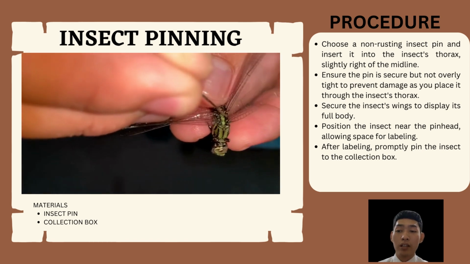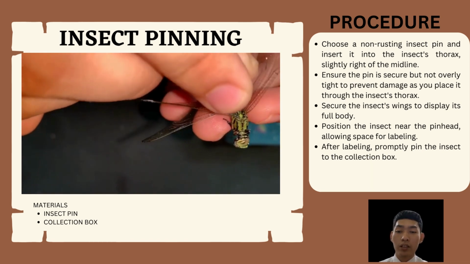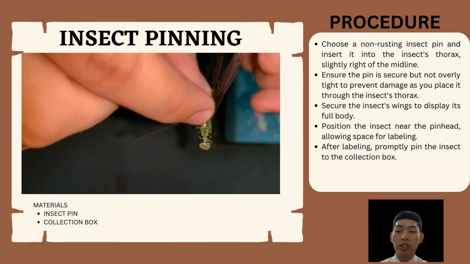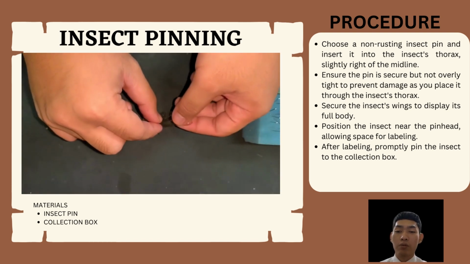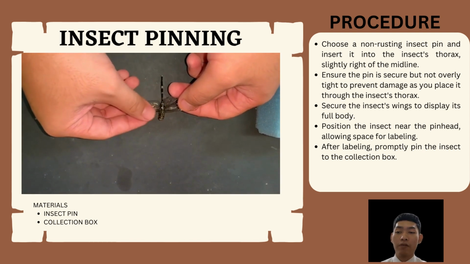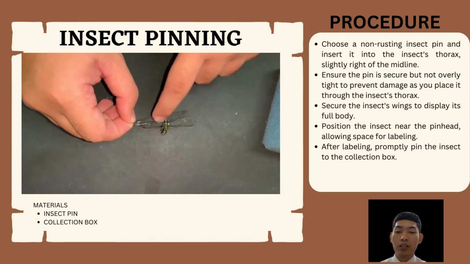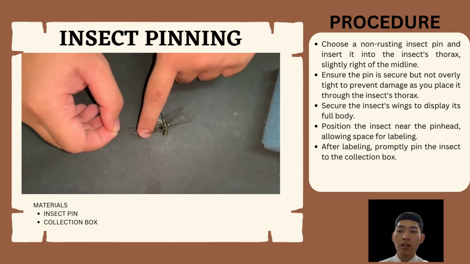The third one is to secure the insect's wings to display its full body. The fourth one is to position the insect near the pin head, allowing space for labeling. And fifth, after labeling, promptly pin the insect to the collection box.